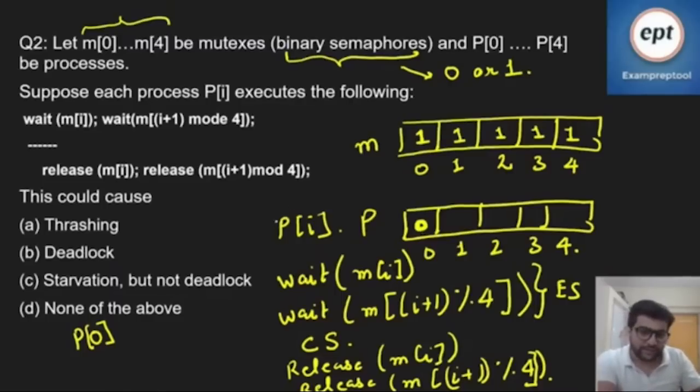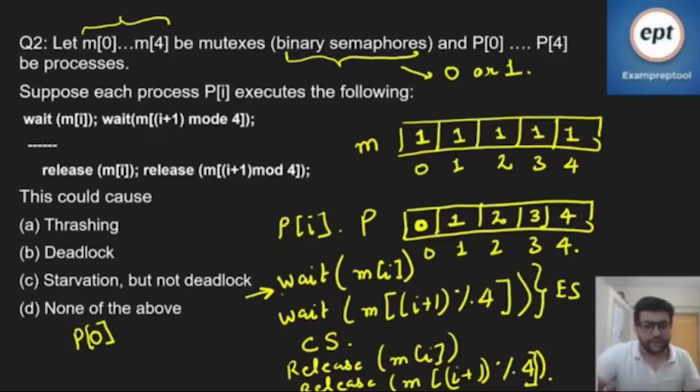Similarly, the P1 process also gets preempted after executing this instruction. We are assuming that all the processes get preempted after executing the wait Mi instruction. So when P1 executes, the M1 mutex will be locked by it, and similarly mutex M2 will be locked by P2, mutex M3 by P3, and mutex M4 by P4.